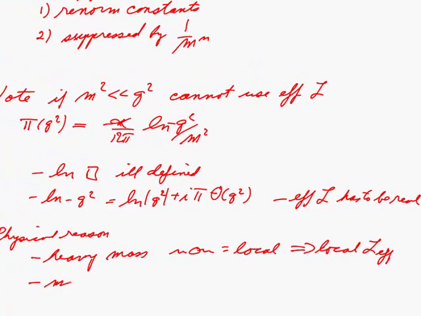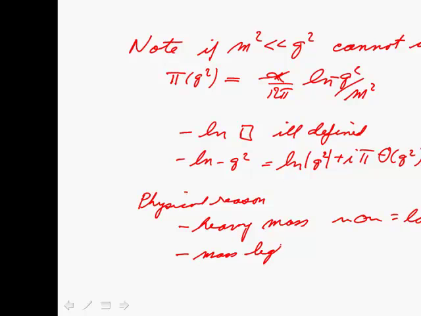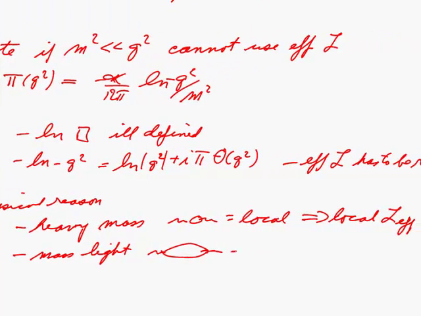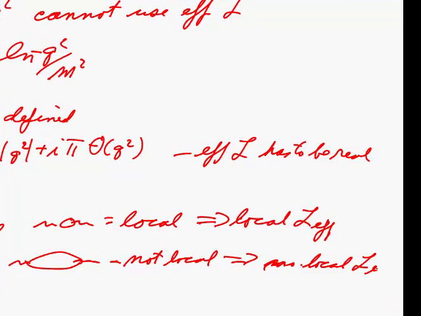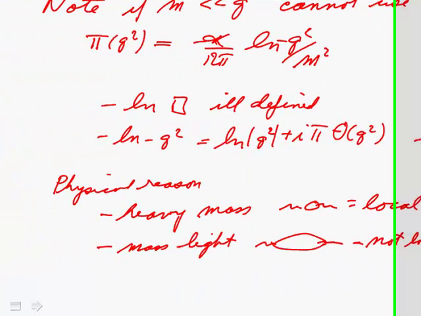If the mass is light, then in this propagation, the propagators can go very far, it's not local, which implies there's no local effective Lagrangian. So it's this locality issue that allows us to define this. All right, let's stop there.